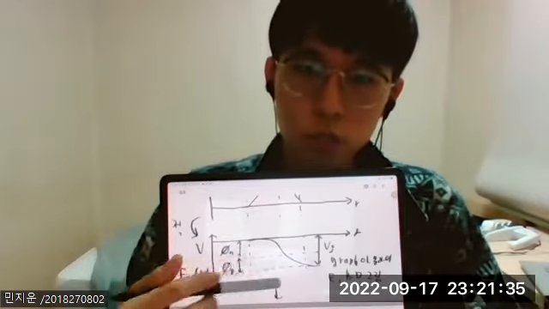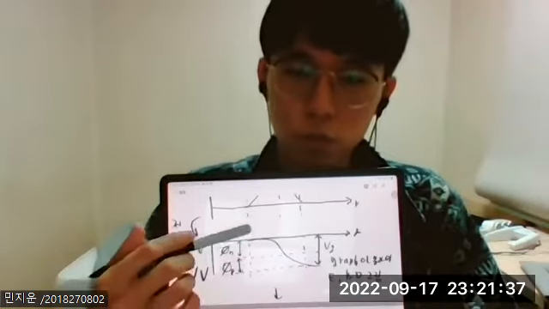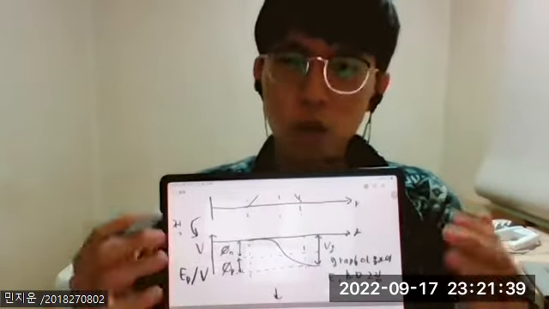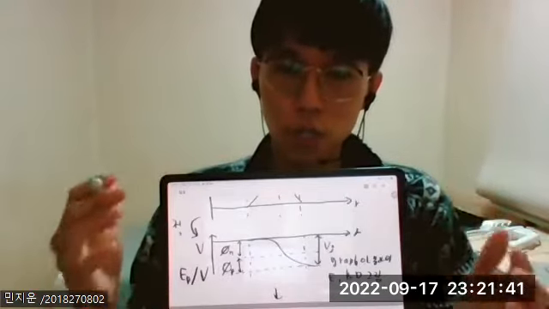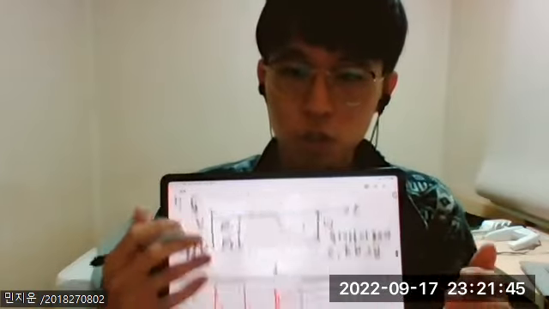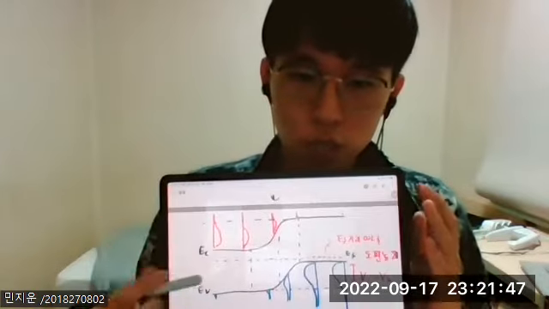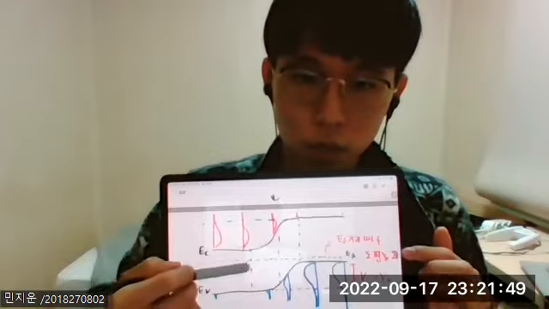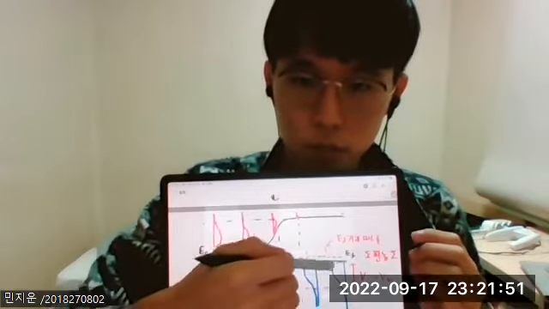Next, we use this graph to draw the energy band diagram of the PN junction. So you can see this Fermi level is constant.